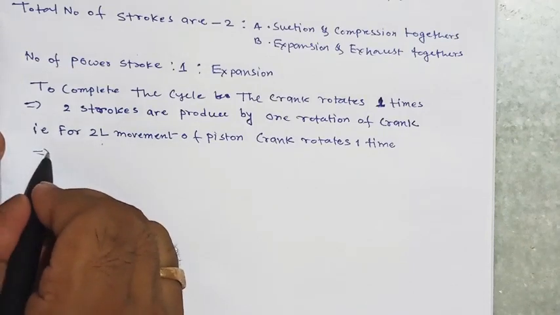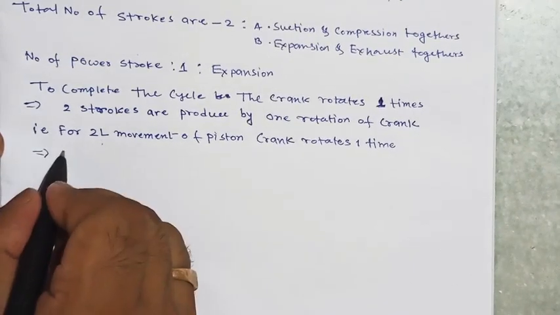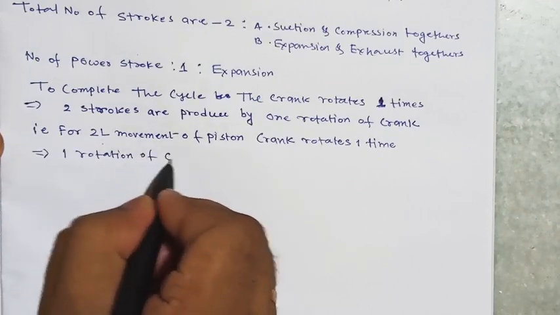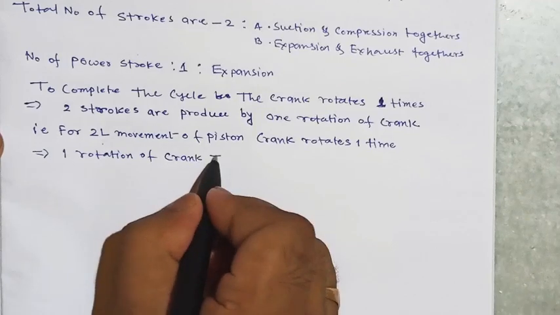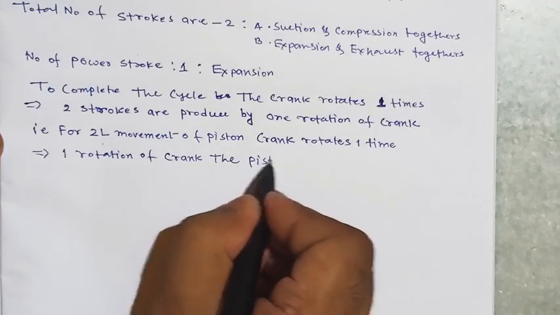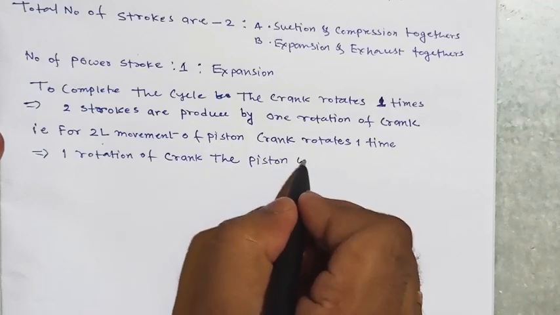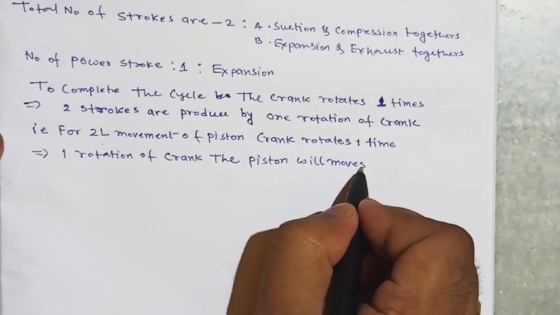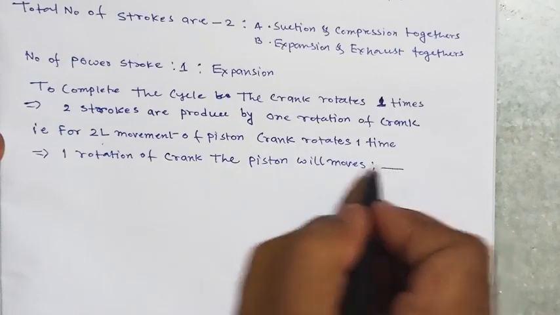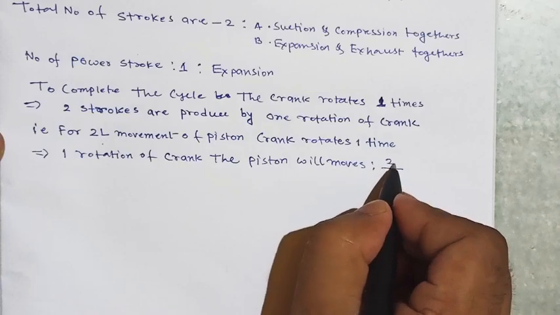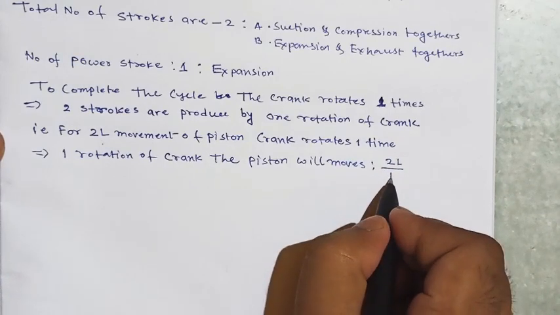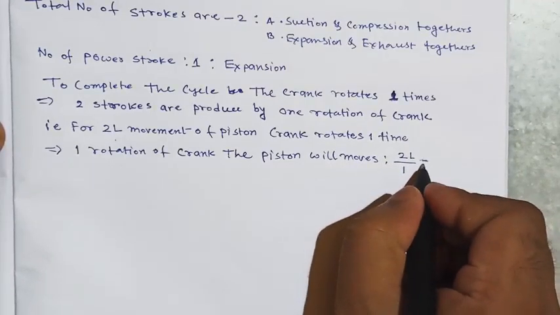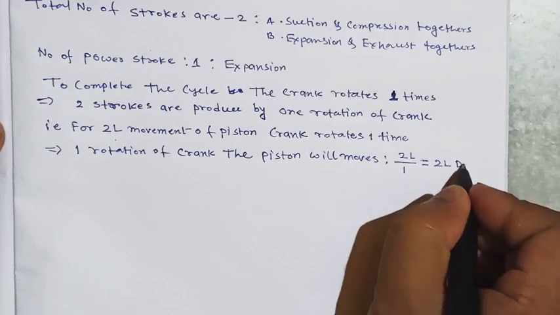So I can write, for 1 rotation of crank, the piston will move 2L distance.